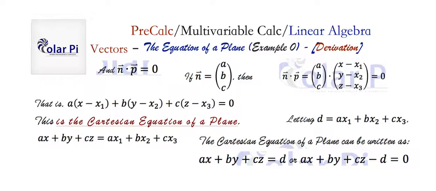As you can see, if we distribute A, B, and C, and then collect all the constants on the right side, we'd have this version of the Cartesian equation of a plane. And of course, letting D equal the sum of all the constants, we can have this equation or this equation as the equation of a plane.